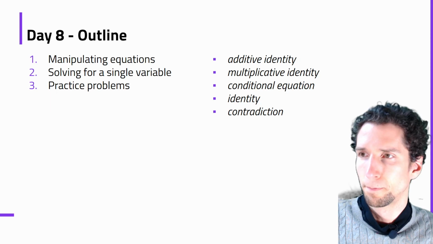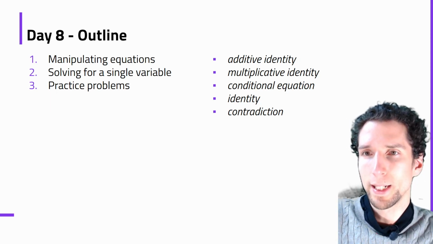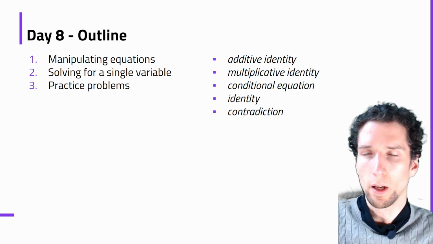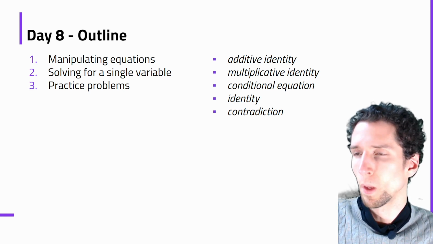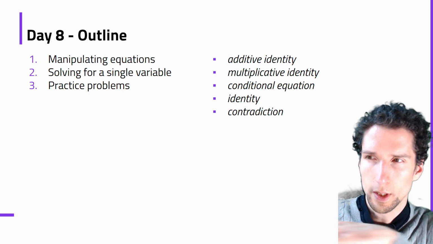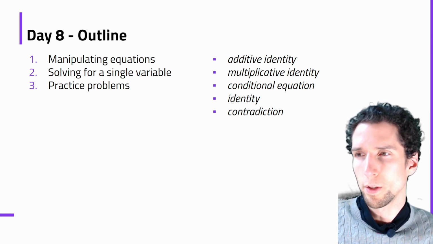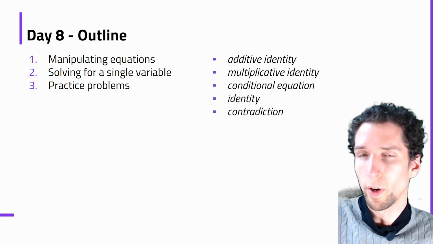Wrapping up, we've talked about additive identities, multiplicative identities, and then conditional equation, identity, contradiction. So some vocabulary terms to remember from today. We started off with the background theory and manipulating equations. And then most of the practice was solving for a single variable.